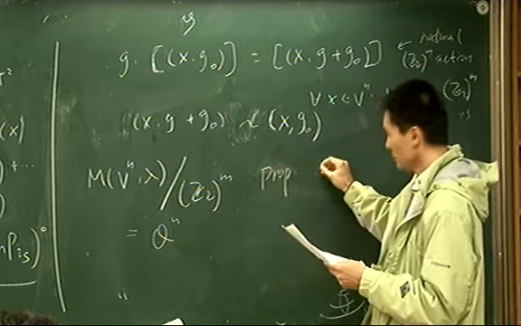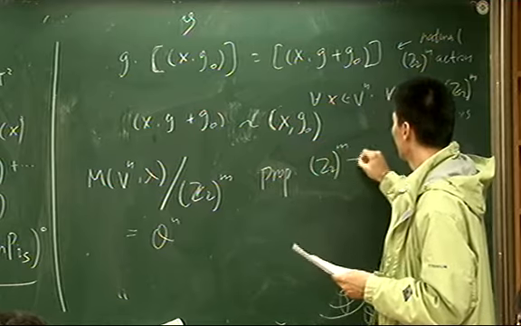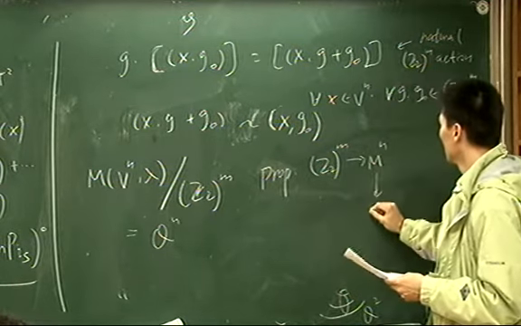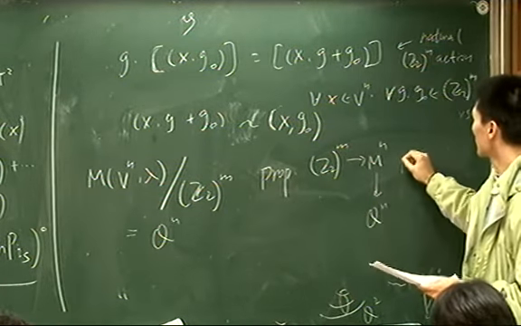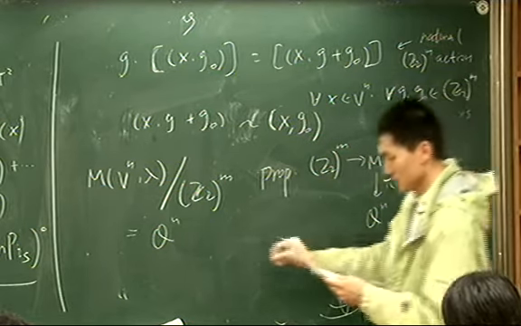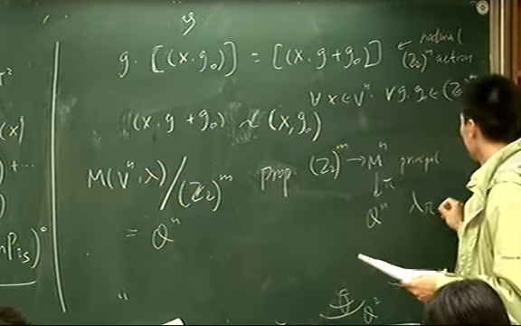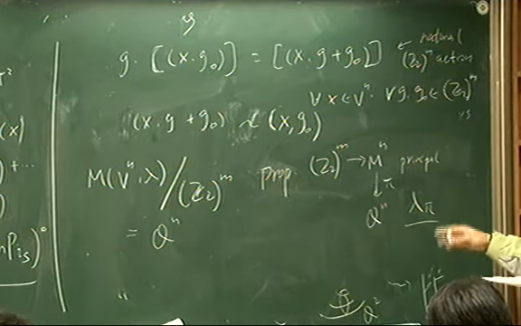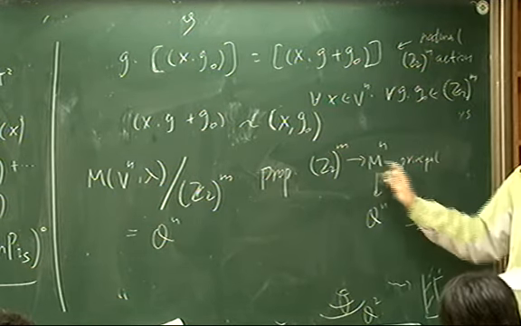Suppose this is a principal bundle, and let lambda pi be the associated coloring of this bundle.